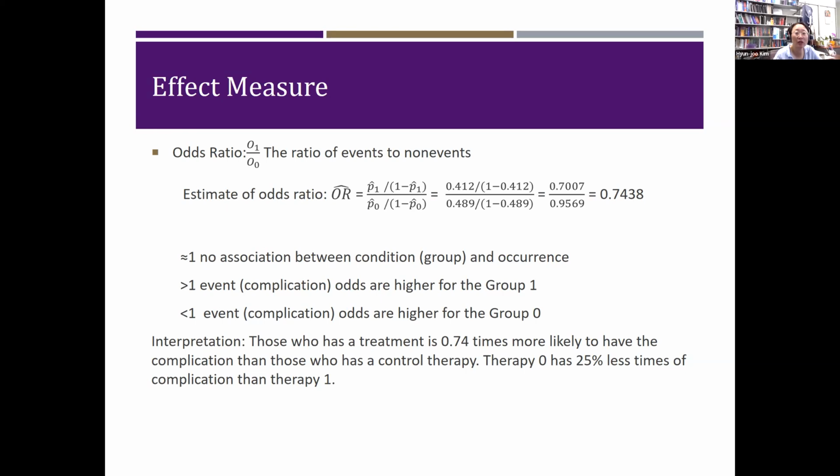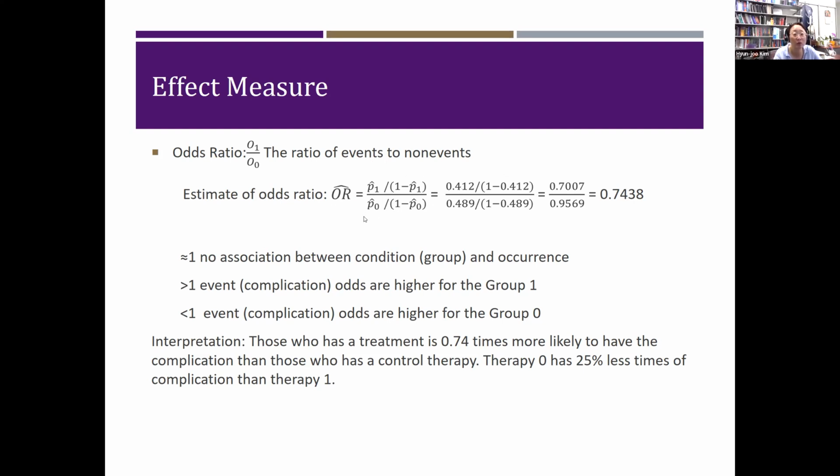Odds ratio is another popular effect measure. As the name implies, odds ratio is a ratio of the odds, and odds is defined as P over 1 minus P. Odds ratio is the ratio of 2 odds with different probabilities.